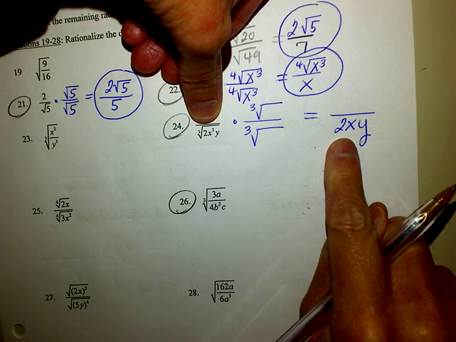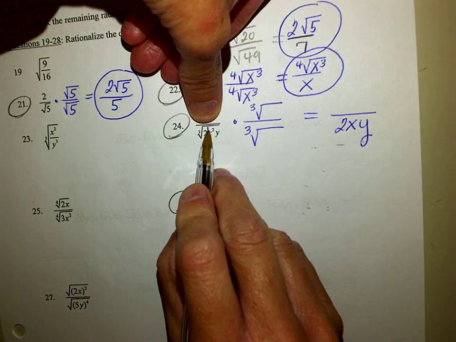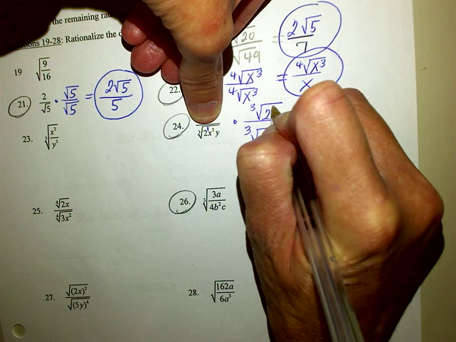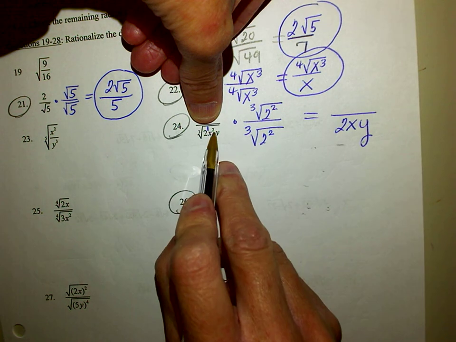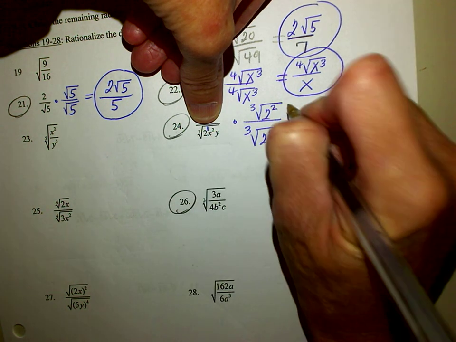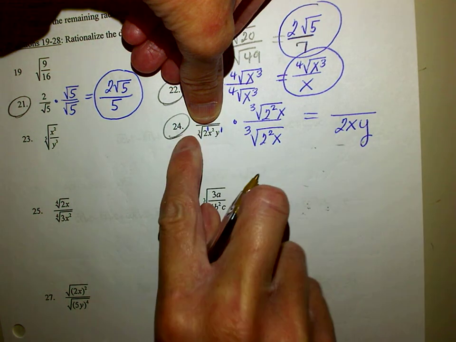In order for me to get this, currently I have 1, 2. I need 2 more to get 3 total. I have 2 x's. I need 3. I need 1 more x to get 3. I have 1 y. I need 3.